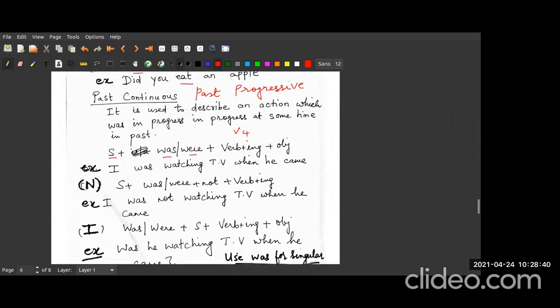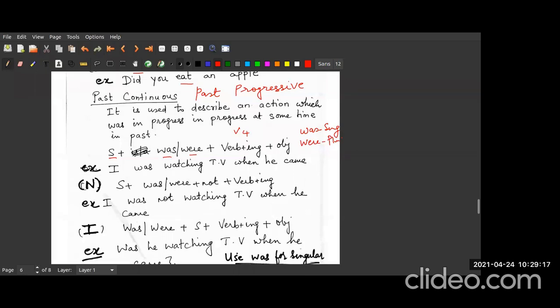So in present continuous and past continuous, what is the similarity? You are using the ing form. Continuous है तो ing use कर रहे हैं, लेकिन present में हमने क्या use किया था? is, am, are. In past we are using was and were. Again, you have to remember was for singular and were for plural.